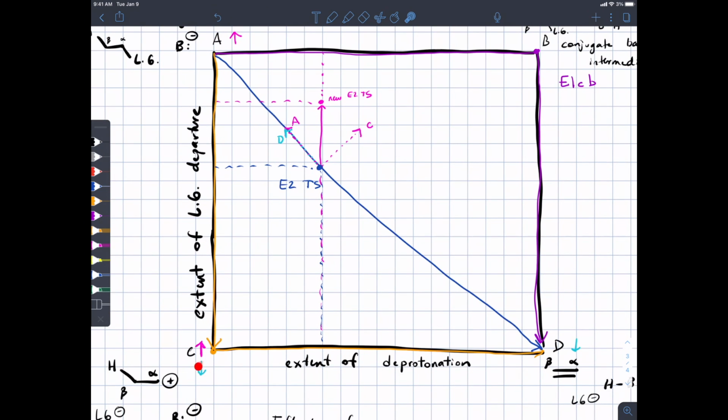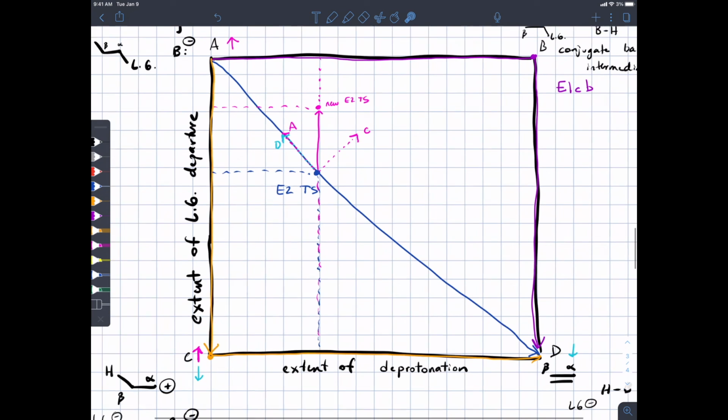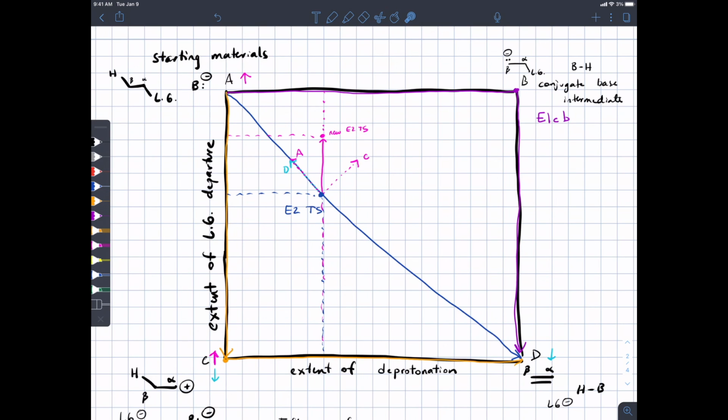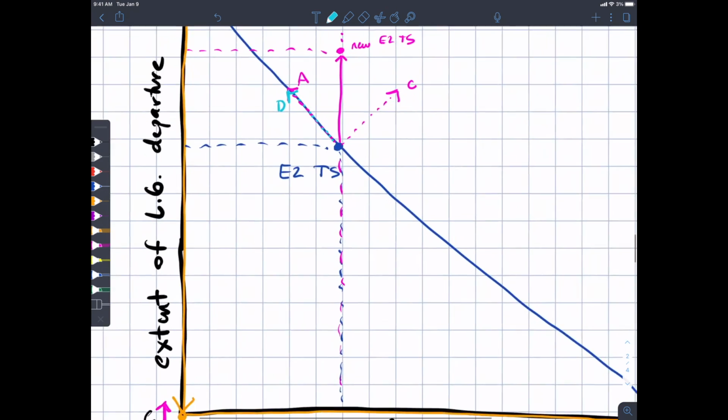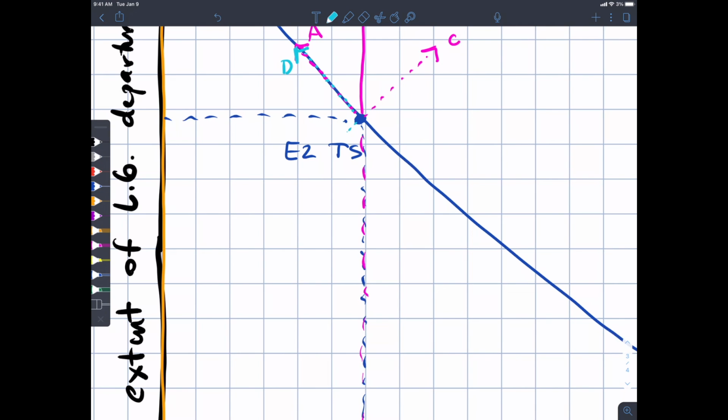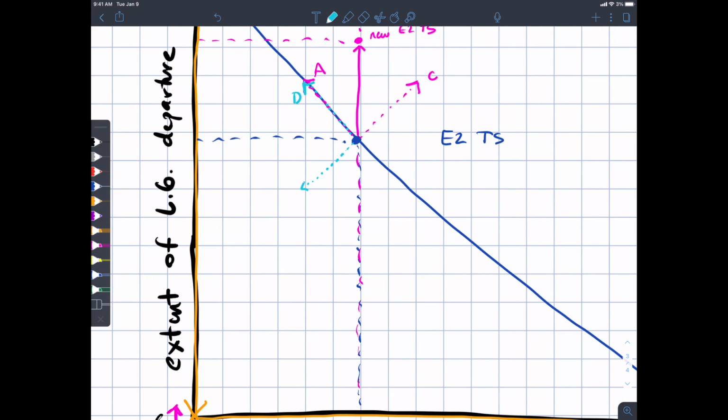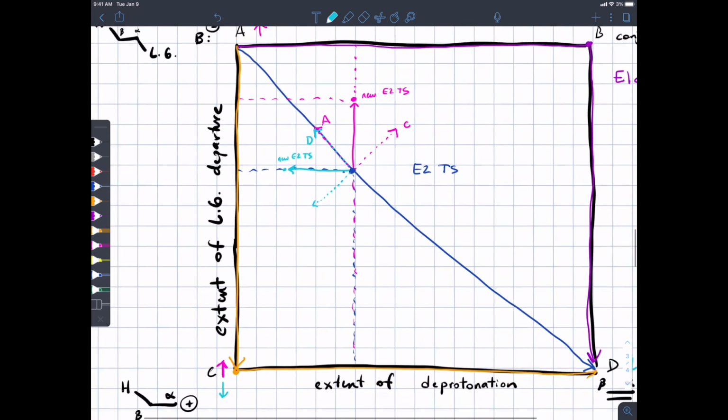Now with C, we're lowering this corner. And again, for the off-diagonal corners, the effect is just what you would expect for a marble on a sheet. So if I lower C, I'm going to move the E2 transition state this way, sort of perpendicular. And that will be because of what we did to C. And overall, the net effect of that, if we add those vectors, is going to put the new E2 transition state here.